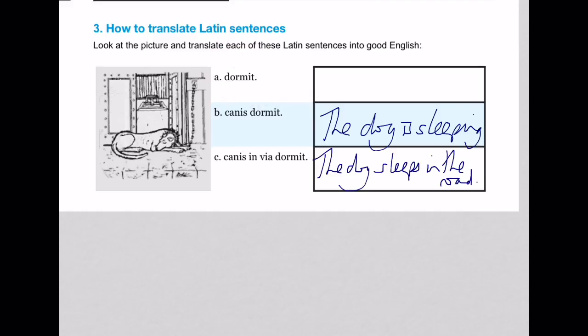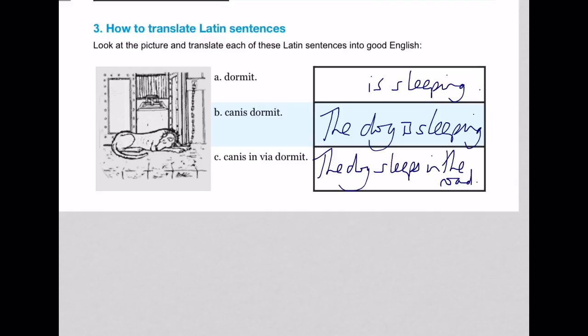Now you can't just say, can you, is sleeping, which you might want to do, because looking at that, the dog is sleeping, take out the dog, what have you got left? Is sleeping. Okay, so you might be unwary and write is sleeping, but it says you must write good English, and that is not an English sentence. So you have to supply something else to make it make sense.